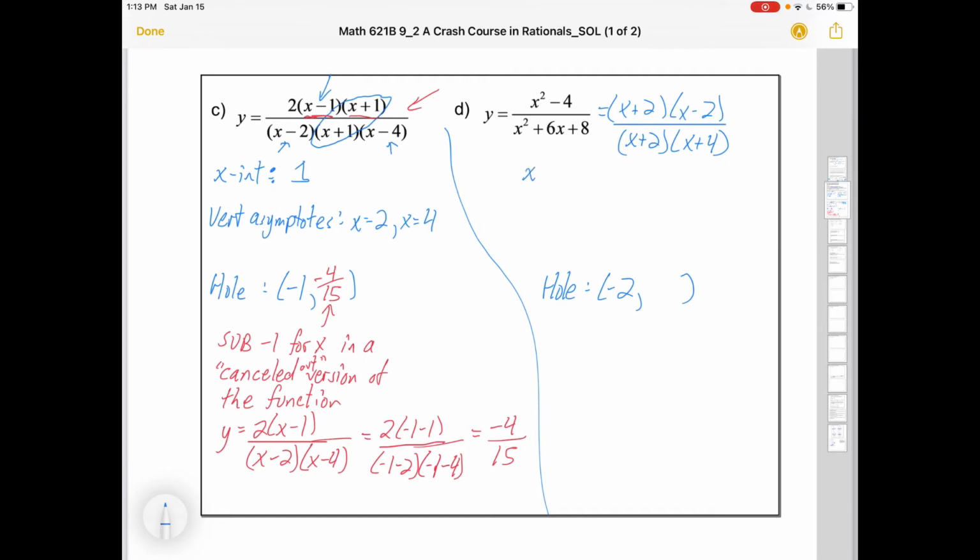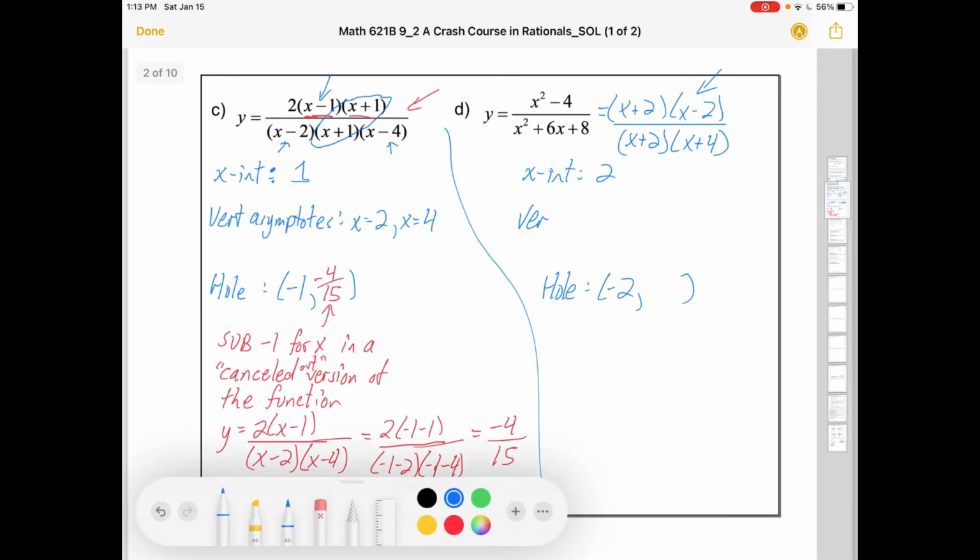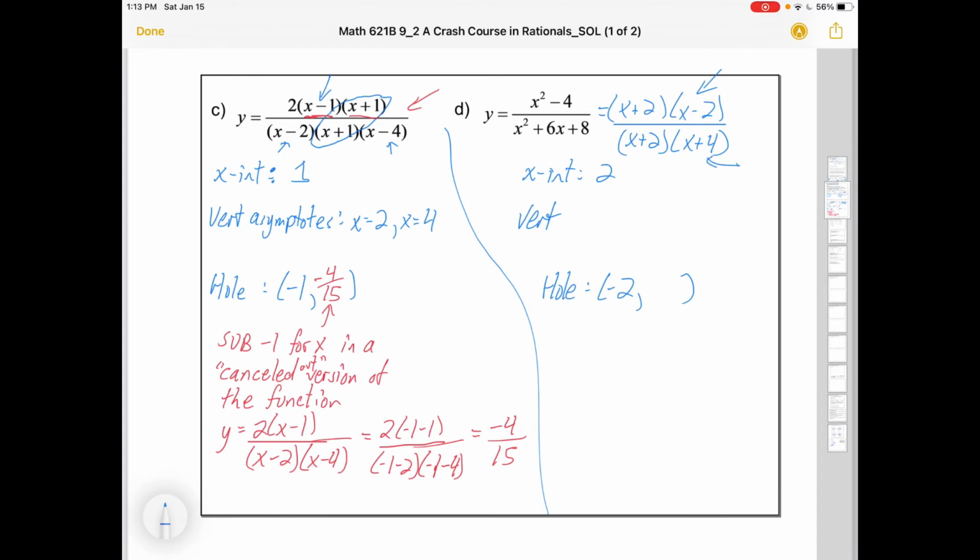There is an x-intercept at whatever makes only the top 0, so that would be from this binomial, at 2. And there is a vertical asymptote at whatever makes only the bottom, or just this term, 0. So vertical asymptote at x equals negative 4.